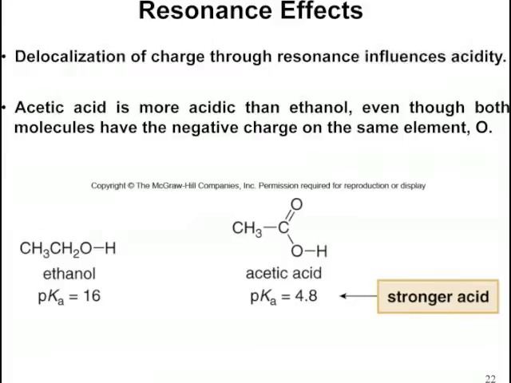Delocalization can cause dramatic changes. The pKa of ethanol is 16 and of acetic acid is 4.8. That's almost 12 orders of magnitude in difference.